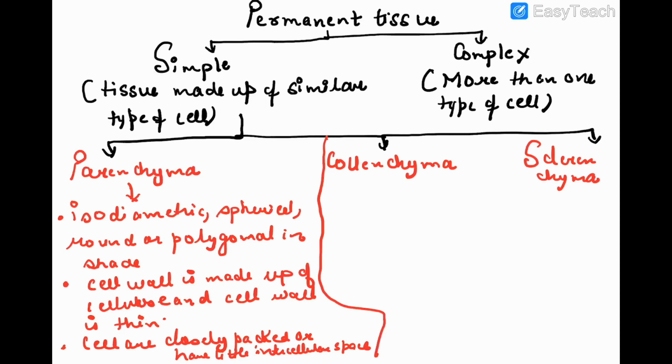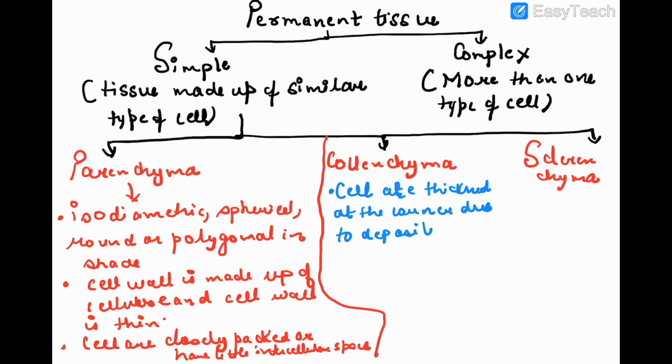In collenchyma, cells are thickened at the corner due to deposition of cellulose, hemicellulose and pectin.